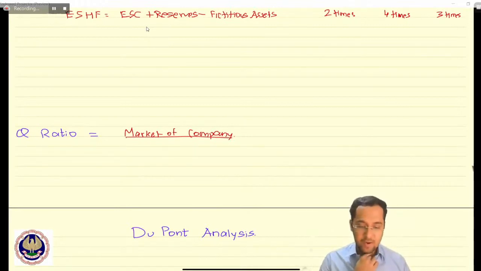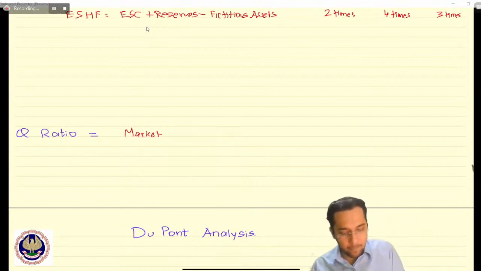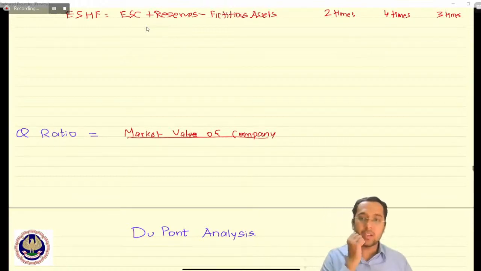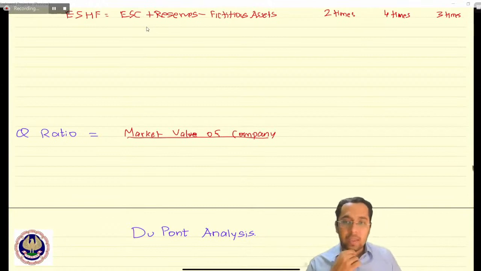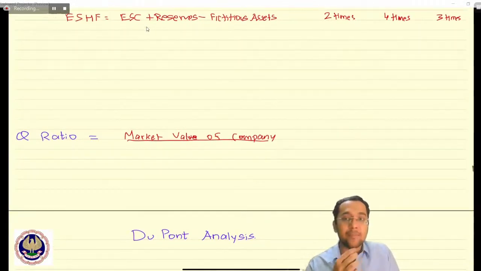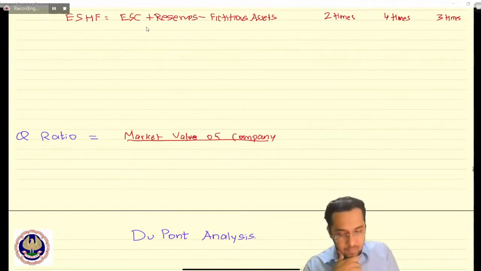That's the market value of the company. And instead of taking the book value, we simply say what is the replacement cost of assets.